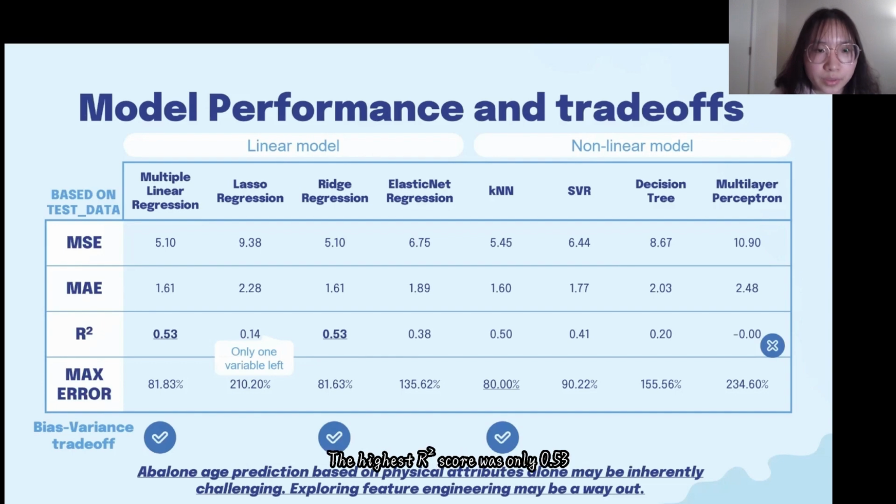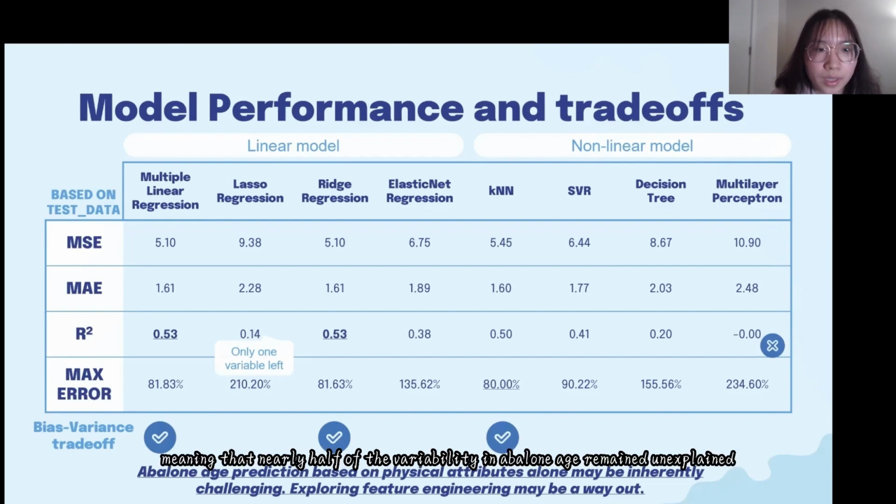The highest R-square score was only 0.53, meaning that nearly half of the variability in abalone age remained unexplained, and all models had high maximum errors, indicating instability in predictions. MLP and decision tree suffered from high variance, while lasso and elastic net had high bias and underfitting issues.